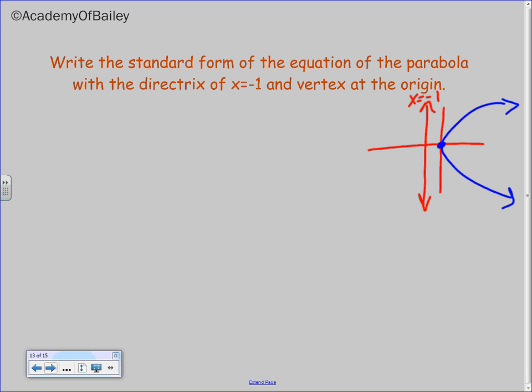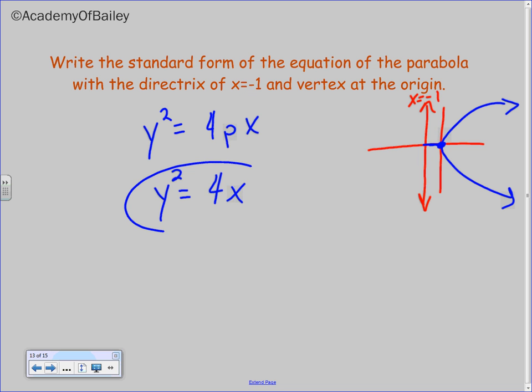So if it opens to the right, that's going to say y squared is equal to 4 times p times x. And if the distance p is 1, 4 times 1 is 4. And so there's our equation: y squared is equal to 4x.